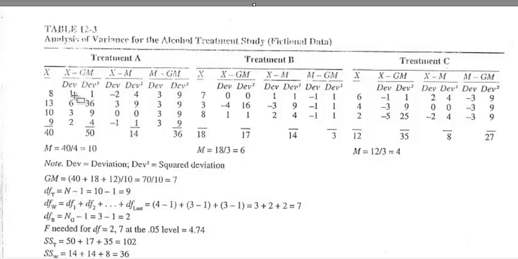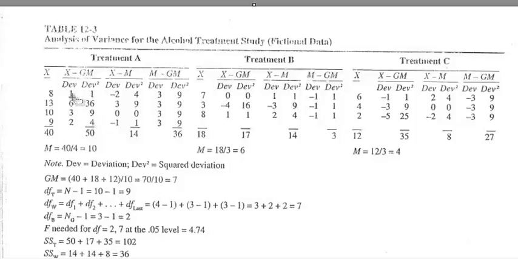We are going to end up squaring all of these deviations, just like we do when we are using the deviation score method for calculating variance and standard deviation in a sample, or when we were calculating t-test differences. For this course, we're using the deviation score method for all of this. So we calculate the deviation, and then we square these deviations.